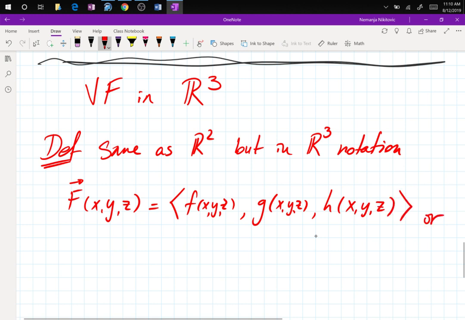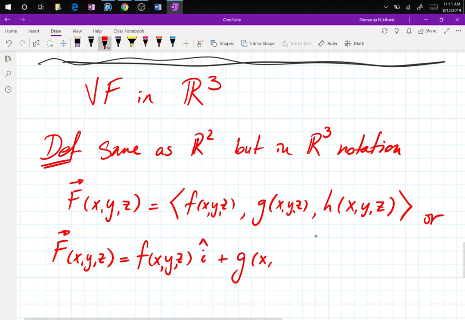Or you can use it in the component form, which is f(x, y, z) i with a hat, plus g(x, y, z) j with a hat, plus h(x, y, z) k with a hat.